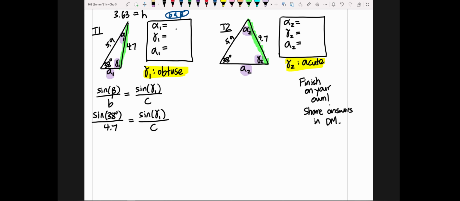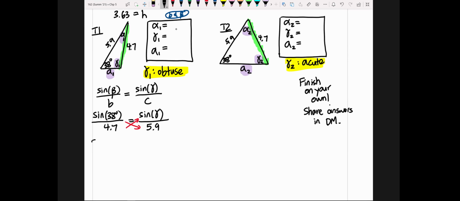So let's actually, instead of calling this gamma 1, we're just going to call it gamma. And our C value is 5.9. So to solve for the unknown value, we need to set the diagonal products equal to each other.